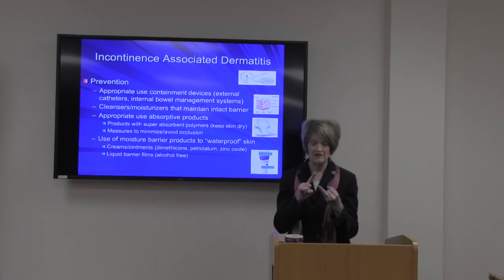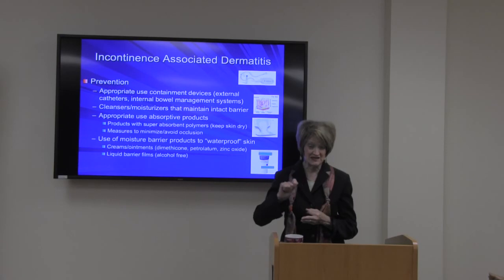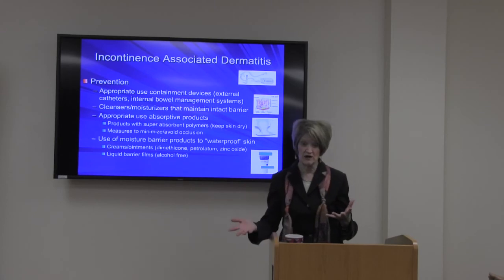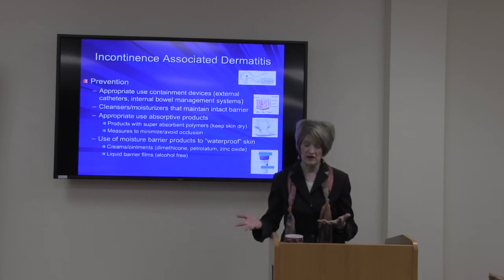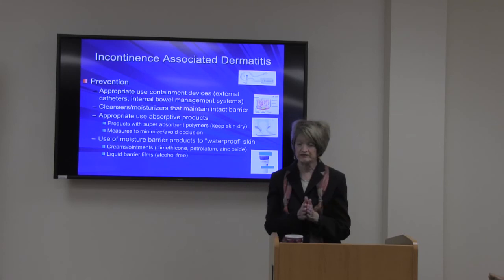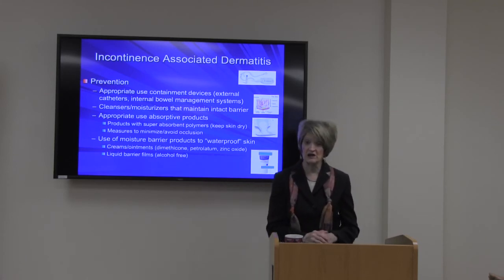It should have moisturizers incorporated. It should be pH balanced. And the delivery system should provide for atraumatic cleansing. So either soft disposable cloths or impregnated wipes. If you're not using impregnated wipes, make sure that your perineal cleanser is pH balanced, no rinse. Okay, so gentle cleansing after each incontinent episode.